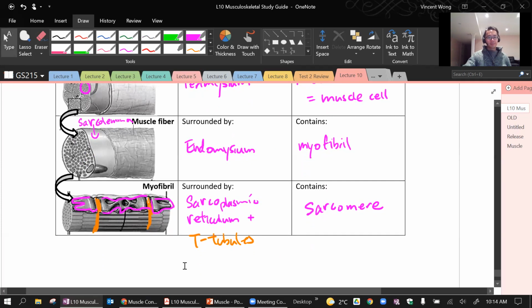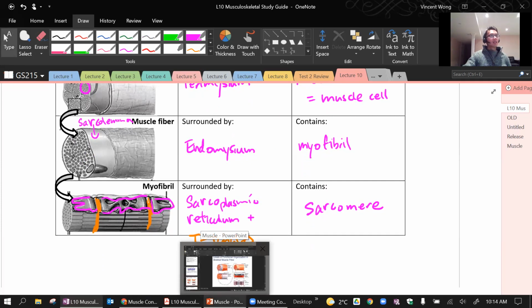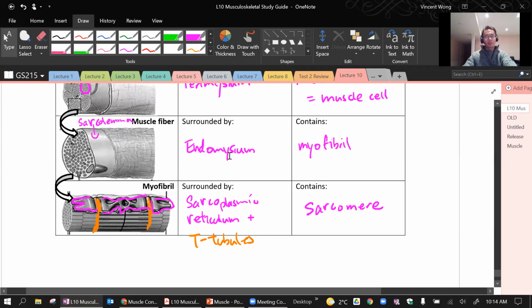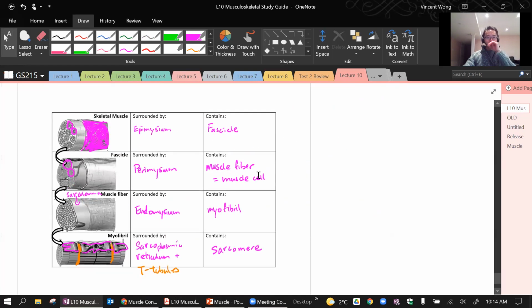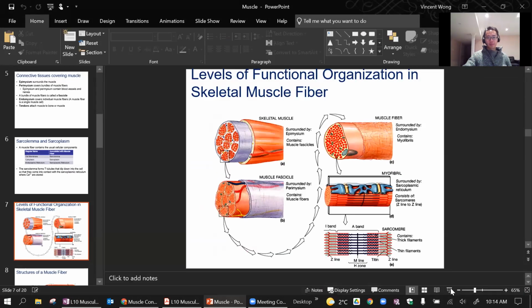Okay, that's that. Could you zoom out? Okay, sure. There you go. Take a picture. Wonderful. Okay, so let's go back to here.